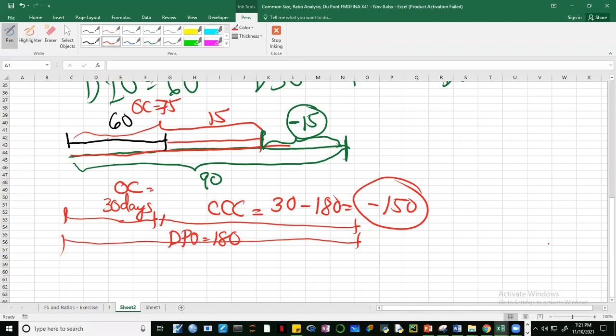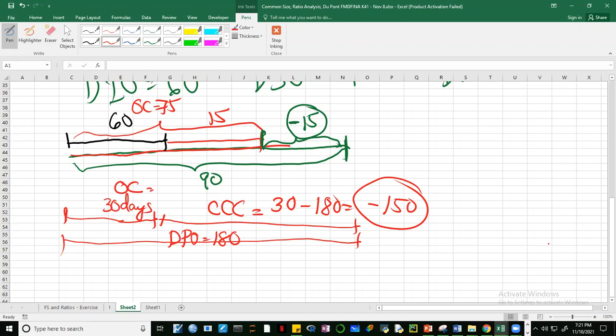So, will this be good for the company, guys? Will this be good for the company kung negative 150 yung cash operating cycle natin, COC? Cash conversion cycle? Yes, sir, since they can roll the money, sir, for other purposes.